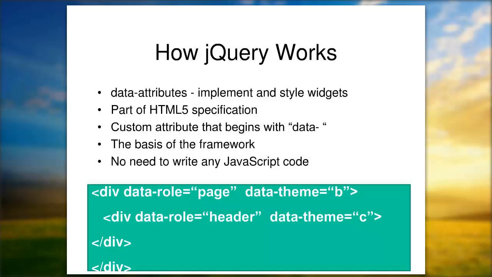All right, so in this blue square here we have an example of a data-role attribute. All right, so data-role equals page. Well, that means something to jQuery. What that means is everything inside that opening and closing div tag is essentially a web page. Now, do we have to use a div? No. You can use a section.